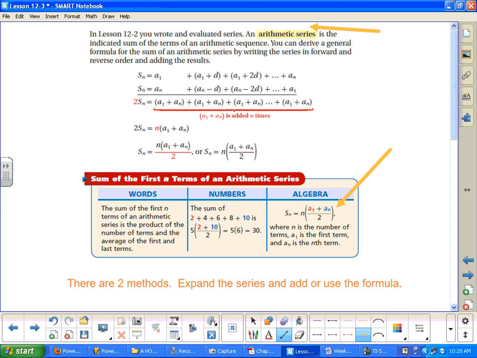It's just a matter of using it. Here they showed an example: a series that starts at 2 and goes to 10, so we would have 2 plus 10, the first term plus the last term, divided by 2, and then multiplied by how many terms there were, 5.